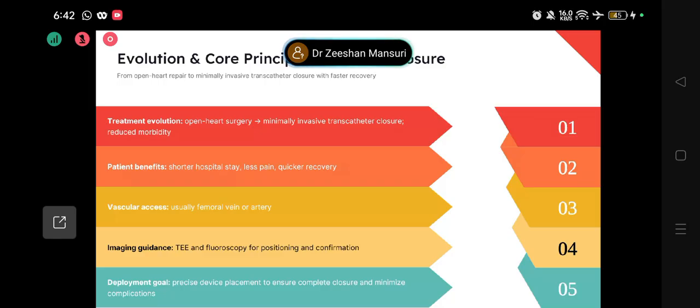Because whenever you are doing a structural intervention, the most important thing is that you have to have a surgical backup. You need to have your cardiac surgeon in the hospital, and you need to discuss with him beforehand that you are going to take this procedure, and there is a less than 1% chance of complication, that the device might embolize, or there might be some rent, or some other complication, and the surgeon needs to be on backup.